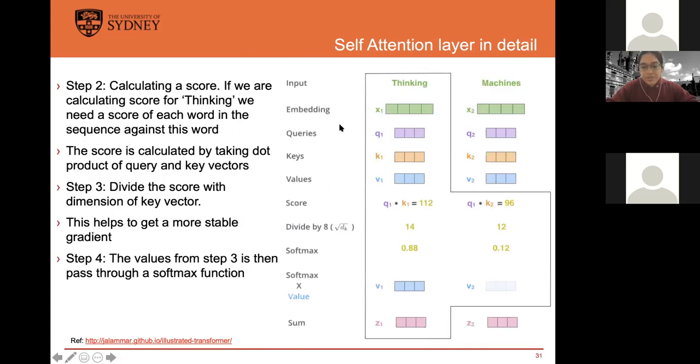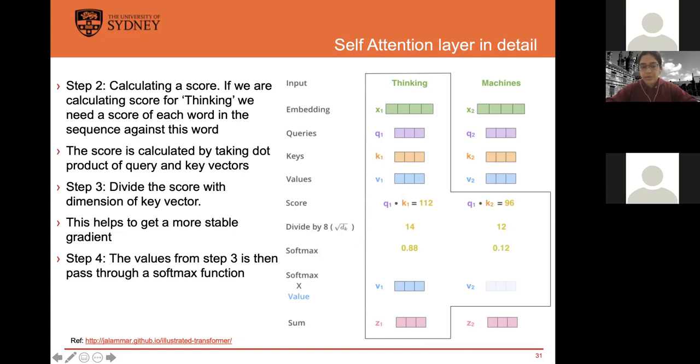The operations done here are exactly similar to what I discussed earlier in the attention mechanism section. So you have these queries, keys, value vectors. You calculate the score by taking the dot product of the query and key vectors. You get a score. Here, one additional step is done. It is divided by the square root of the dimension of the key vector.